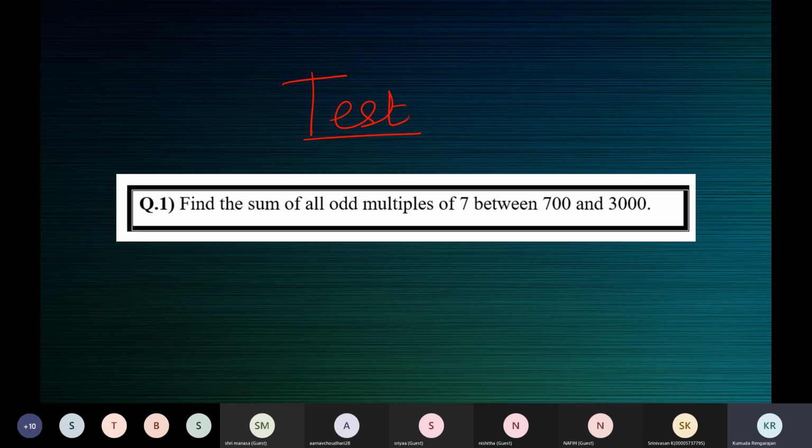N you should find, and then find Sn. Generate the AP, go to the last number and ask that last number its position. So you will get the value of n. And then find Sn. Yeah, be the first to answer quickly.